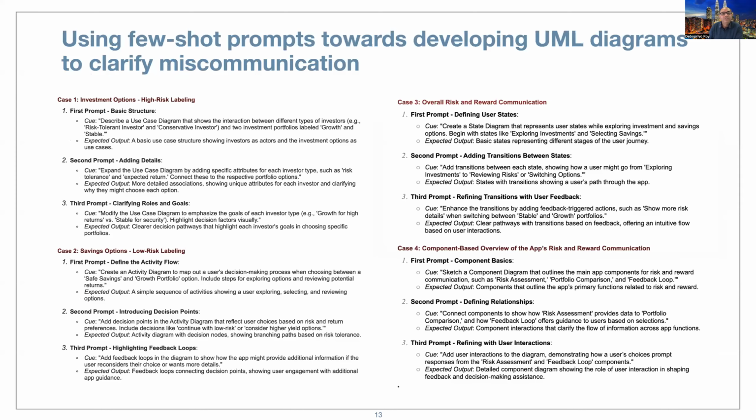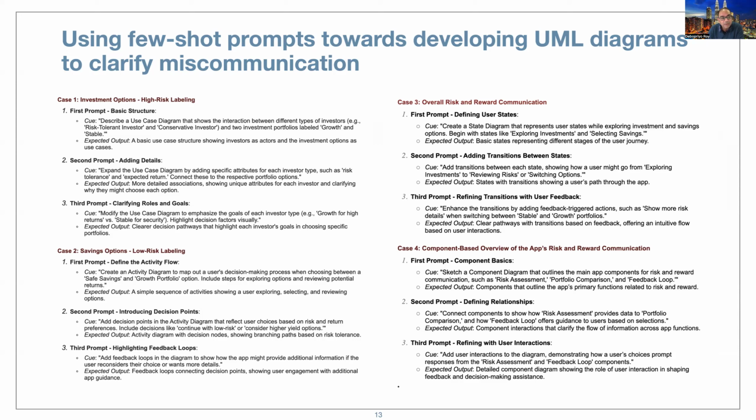So here you see a few shot prompting strategy associated with these several cases, these four cases that we have identified: high risk options, the investment options, savings options, which is low risk. Case three is overall risk and reward communication, and then the component-based overview of the app's risk and reward communication.